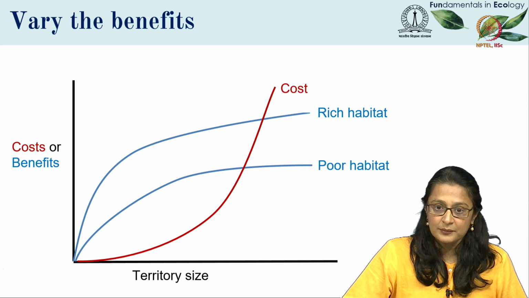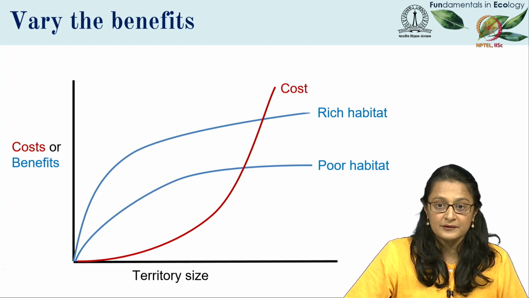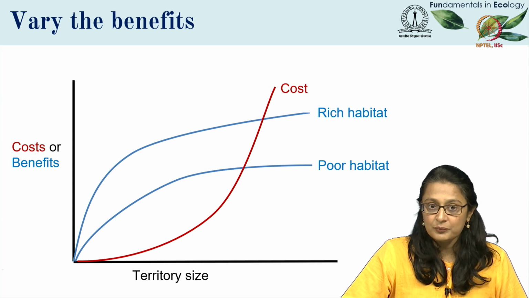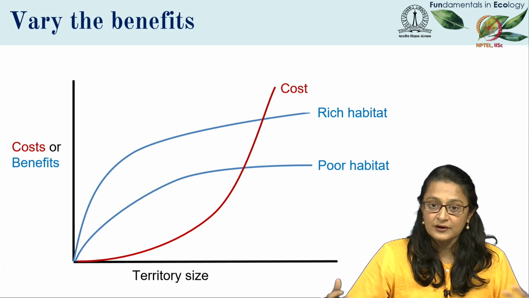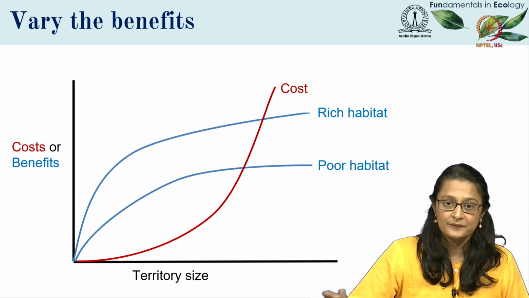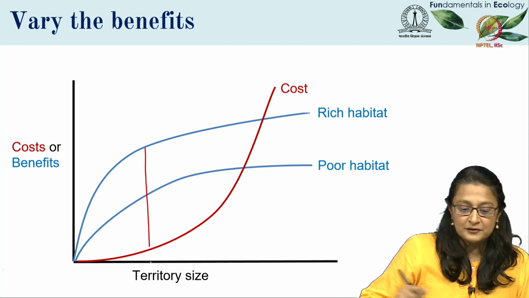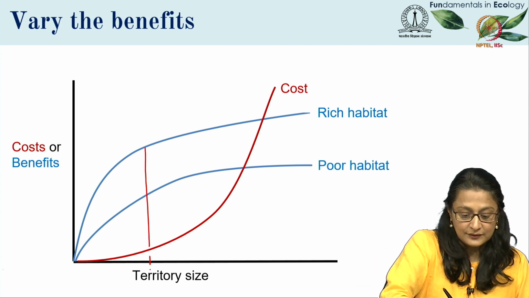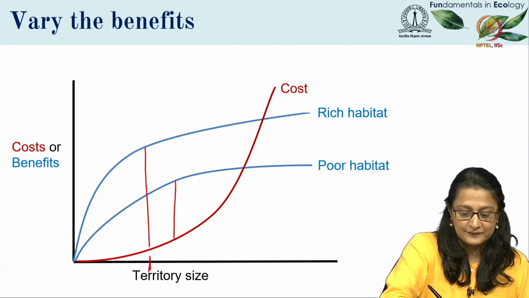But if you're in a rich habitat, you have more resources if your territory is big than if you're in a poor habitat. So can we predict what the territory size would be in rich and poor habitats? Yes, we can. In the rich habitat, territory size should be smaller than in the poor habitat.